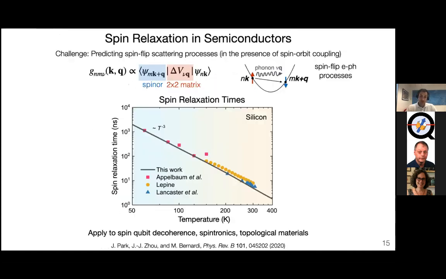This allows us to do a couple of things. One is we have started investigating spin relaxation for now in semiconductors using first principles calculations.